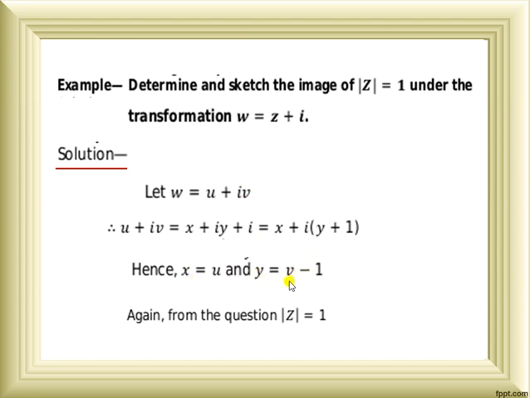After that, I use these x and y values in the given image in the z plane, which is mod z equal to 1. Mod z means the square root of x square plus y square. After squaring both sides, I get x square plus y square equal to 1.